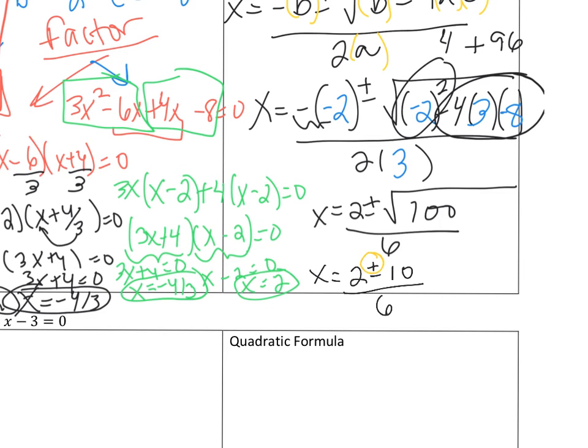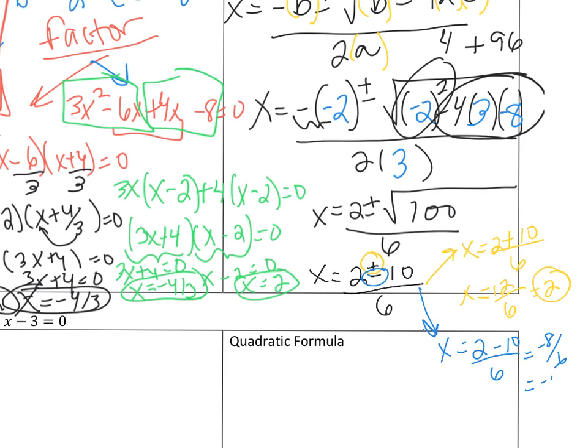If we do the plus, we would get x equals 2 plus 10 over 6, which is 12 over 6, which is 2. Then if we do the minus, we'll get x equals 2 minus 10 over 6, which is negative 8 over 6, which is negative 4/3.